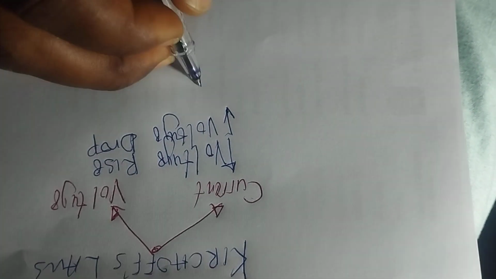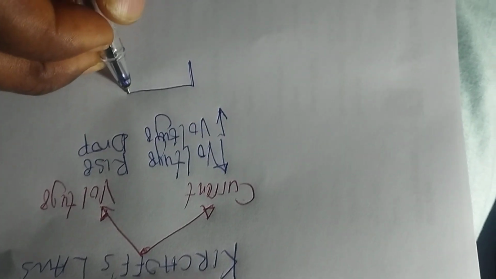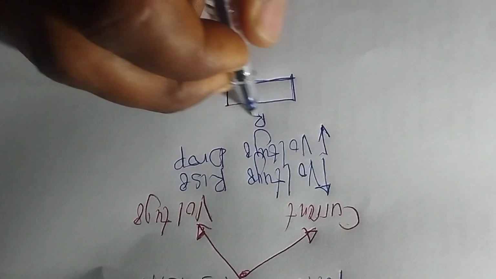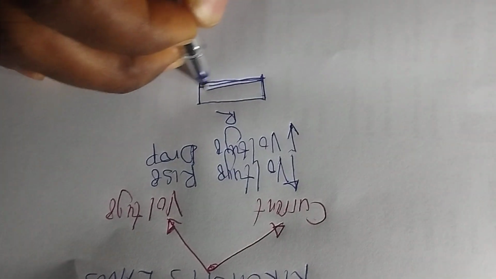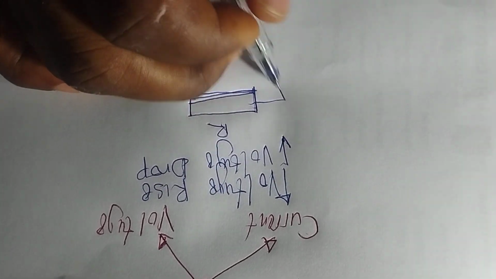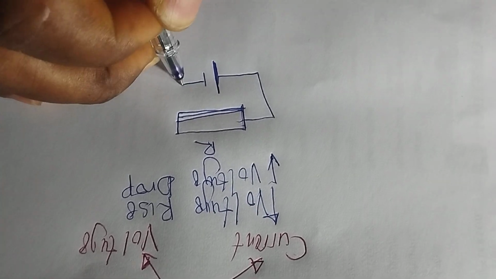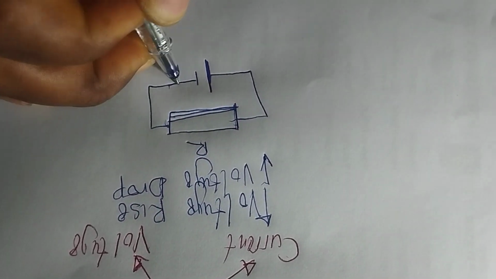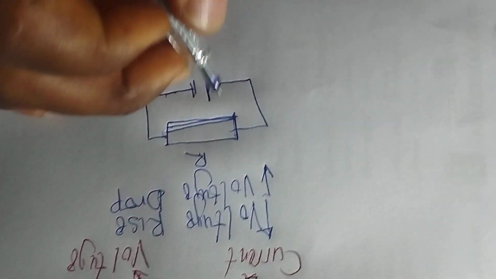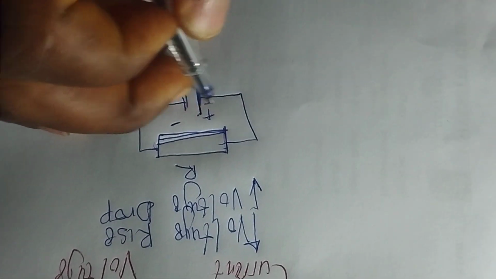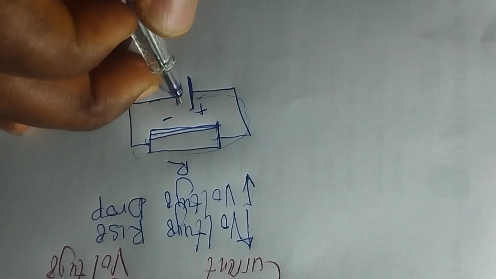Let's say we have this particular resistor R, and then there is a connection of this particular cell to this resistor R. If the current flows in this direction from the positive terminal to the negative terminal, the current will flow from the positive to the negative.